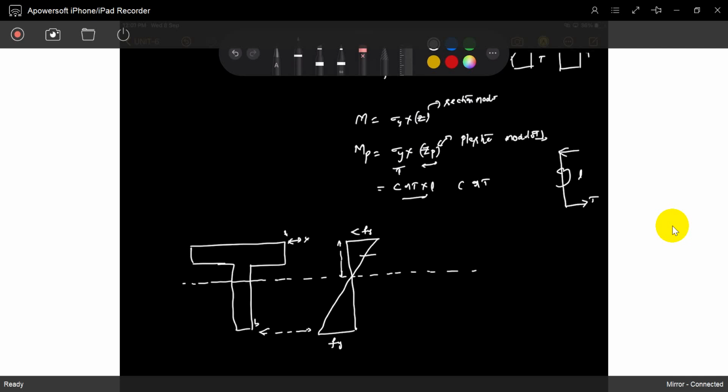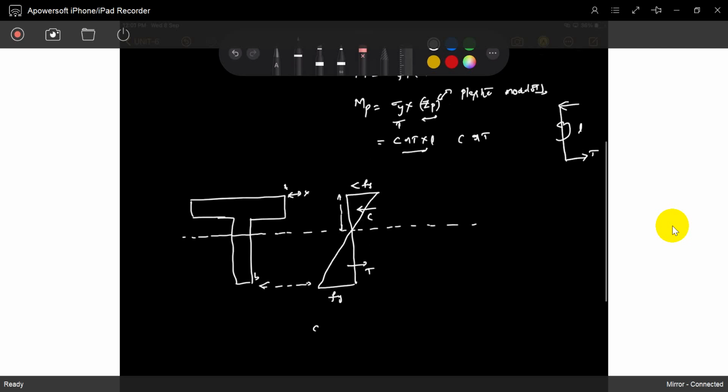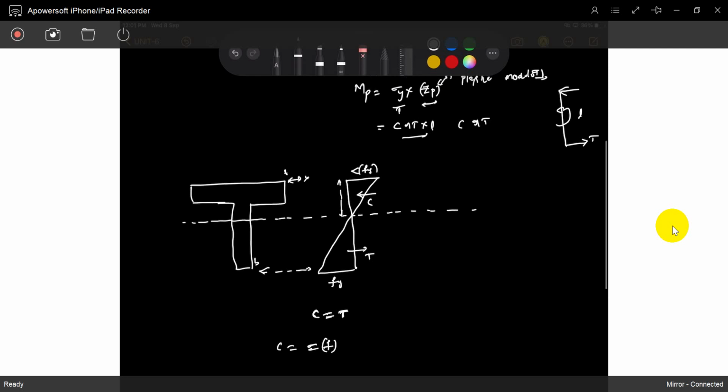So if you consider this is a compressive force and this is a tensile force, C and T are compulsorily equal. Sir, how can they be equal? What is C? Stress multiplied with area.